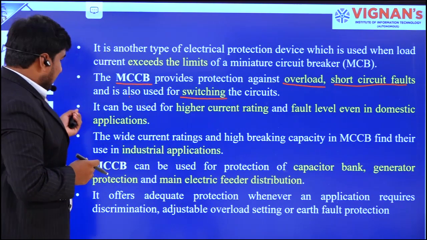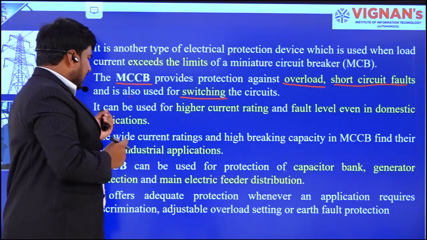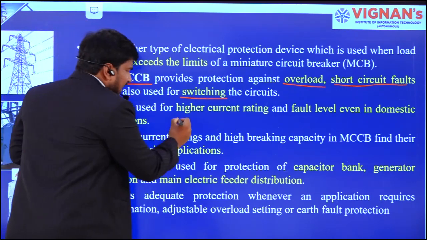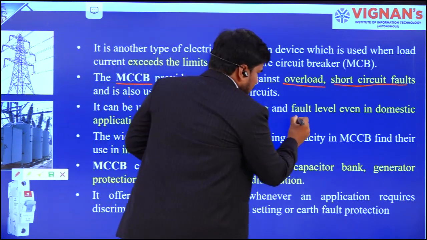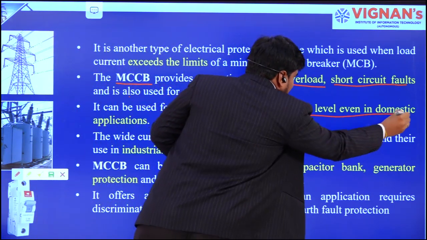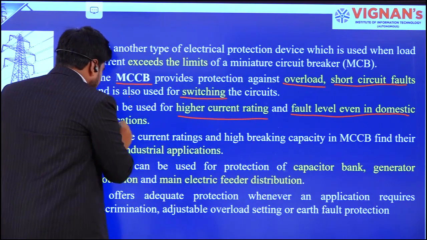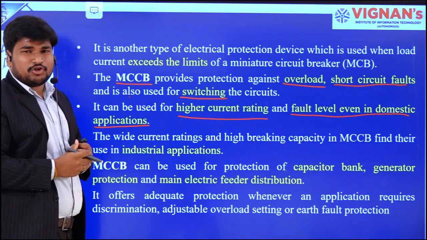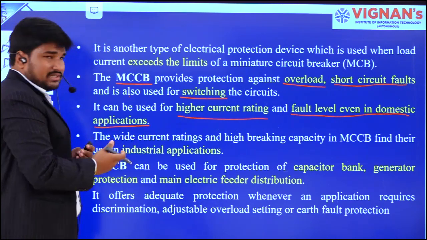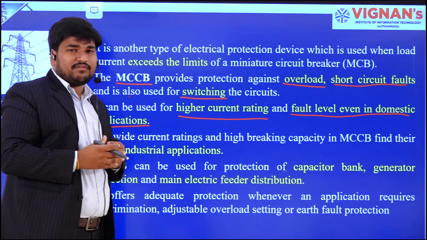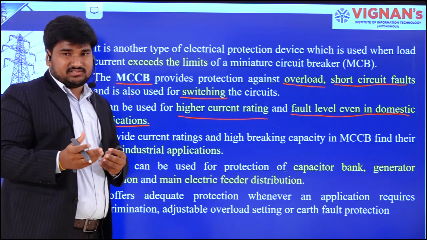Now I have discussed it can be used for higher current rating as well as fault level, even in domestic applications, and we have a provision that the current limit can be changed, right?